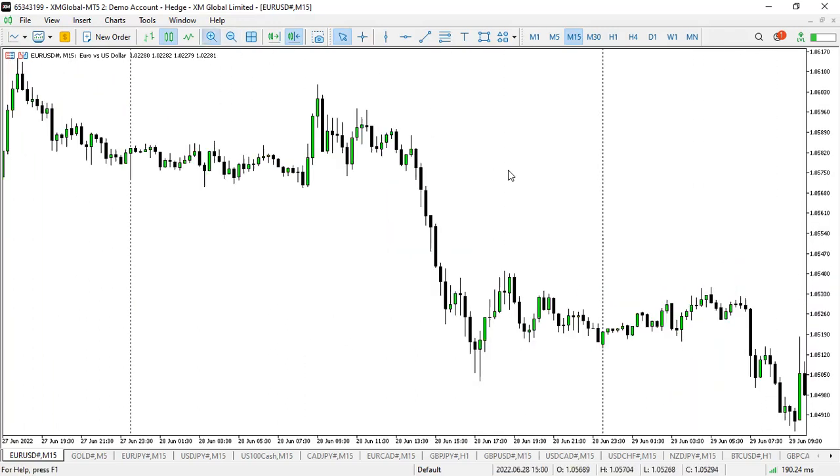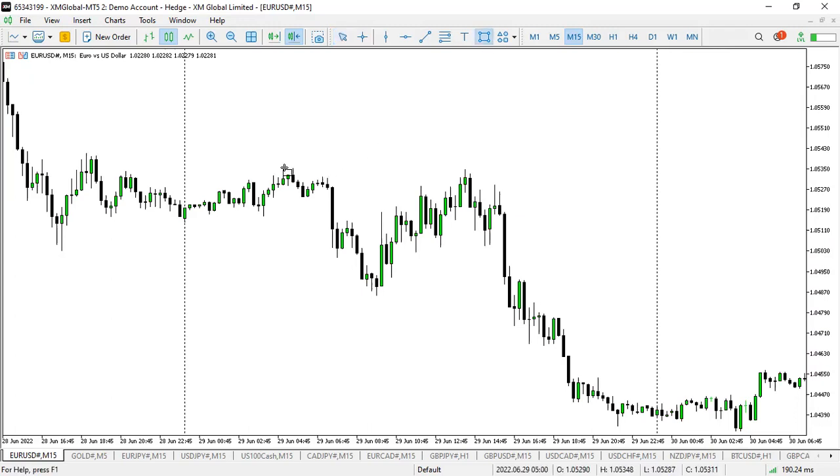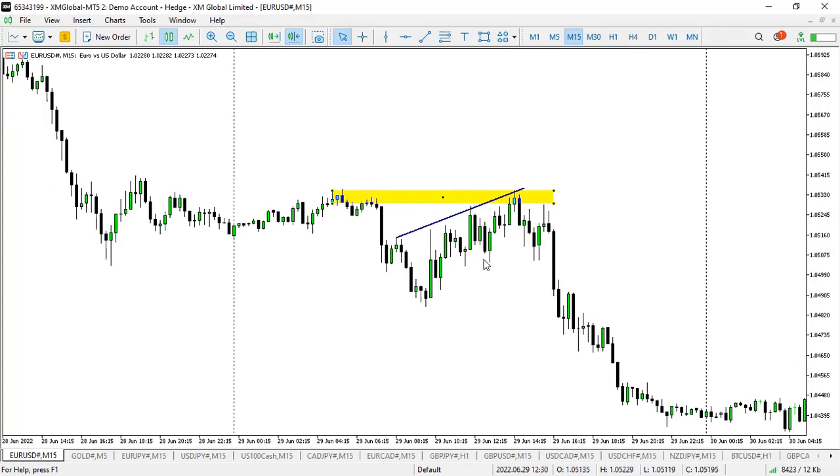I think even here we had that last order block. What is this? Yeah, 3D. First drive, second drive, third drive. Is it accumulation? Not really.